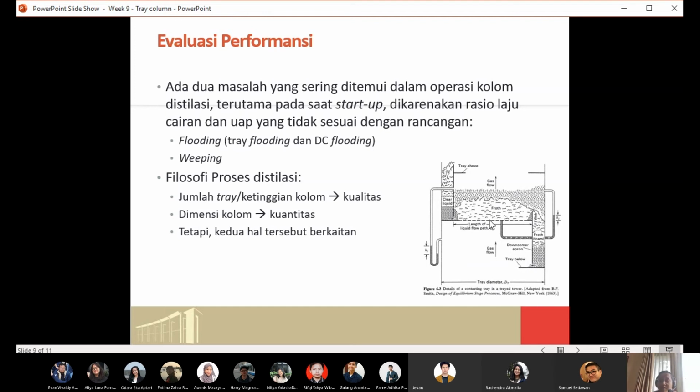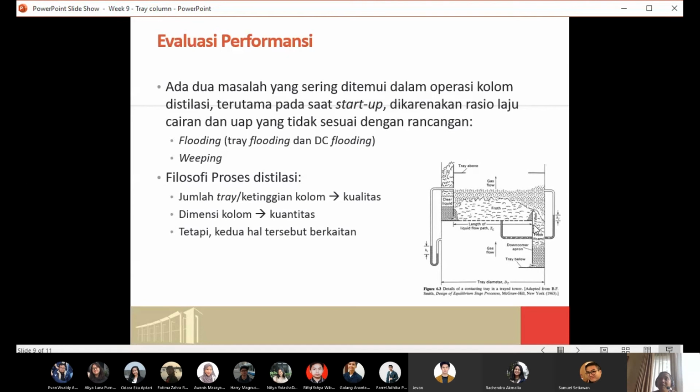In the case of downcomer backup, the one I mentioned related to the hydrodynamic problem, downcomer backup or downcomer choke means that the liquid level is very high. It can reach the top side of the tray.